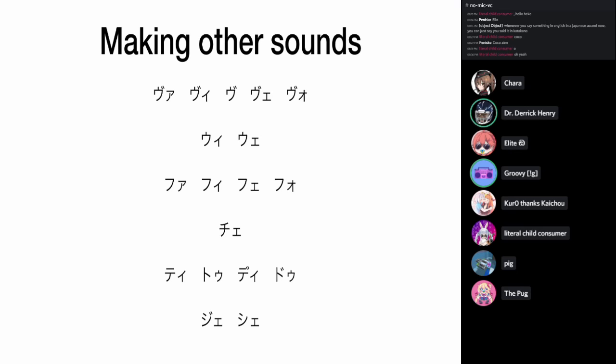So we'll start with these. For example, I think this is easier to figure out first. So we have fu plus a becomes fa. Fu plus i becomes fi. Fu plus e becomes fe. And fu plus o becomes fo.